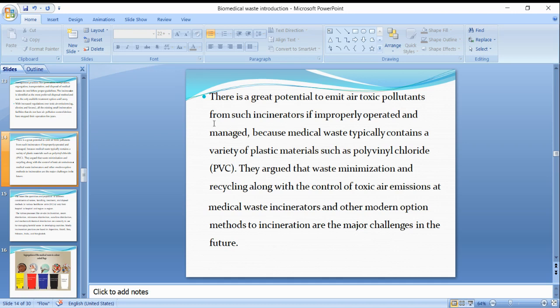They suggested recycling instead of burning. Medical waste incinerators and other modern methods are major challenges in the future. Instead of going to the incinerator process, some of the waste can be recycled, and that becomes a big challenge in future.